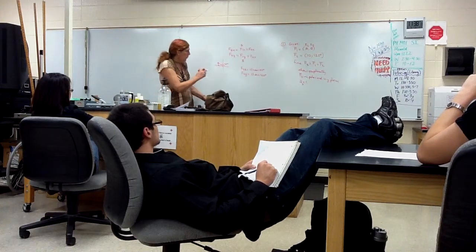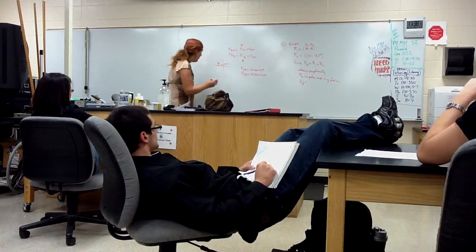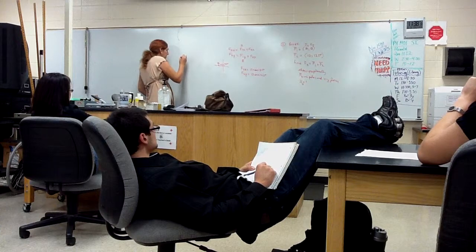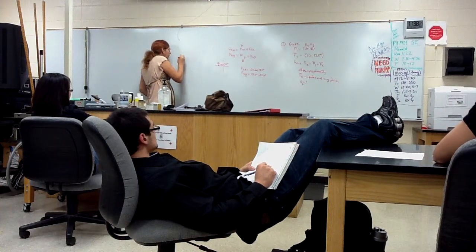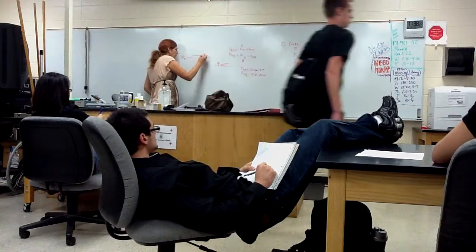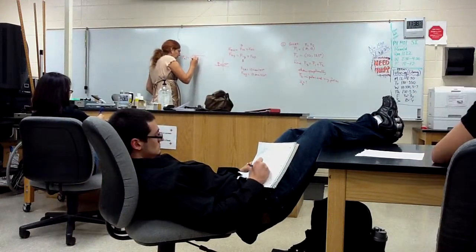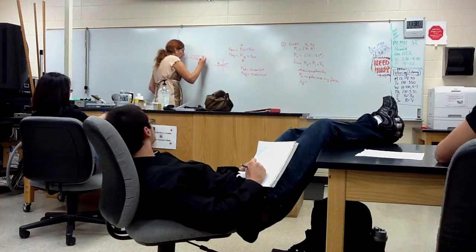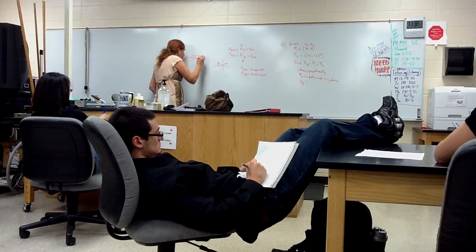Okay, so once we have that, we can find out what quadrant it's in. We can get the magnitude of F3. Again, it's just the positive square root of F3x squared plus F3y squared.